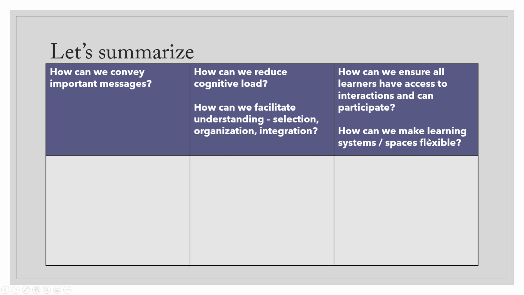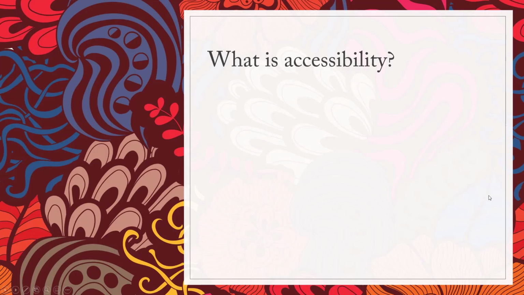And how can we make sure that learning systems or spaces are flexible? So now, hopefully, when I ask you, well, what is accessibility? I'm hopeful that maybe you're revisiting your original definition of that and thinking about how you might revise that now, in particular, in light of these learning theories and these different major paradigms.